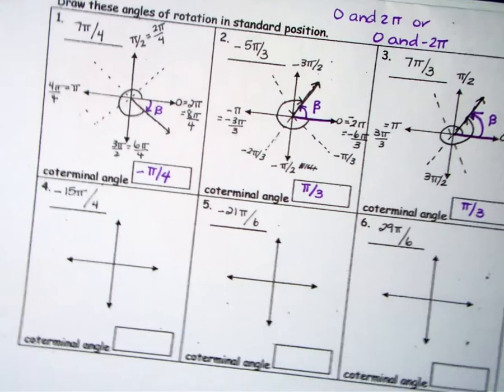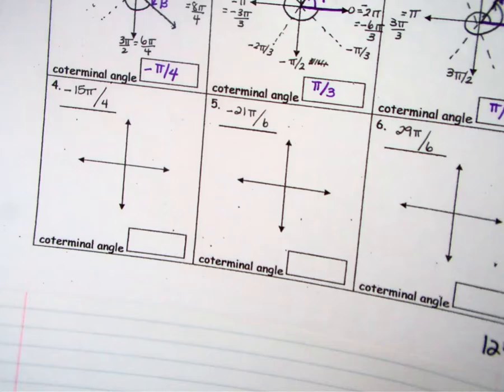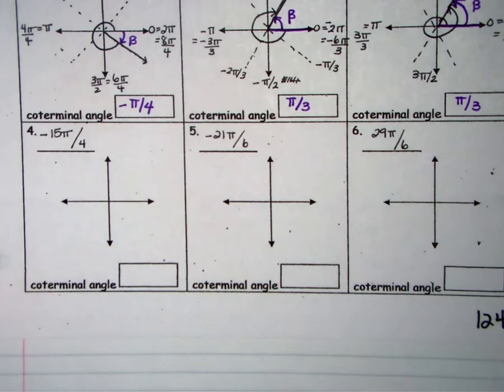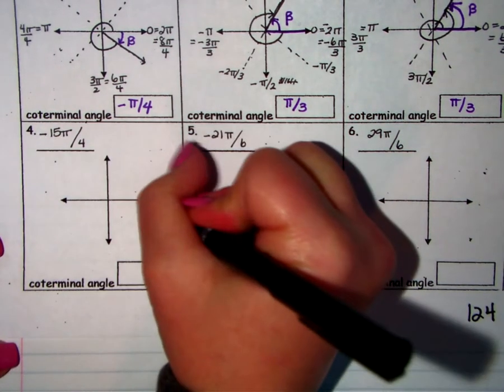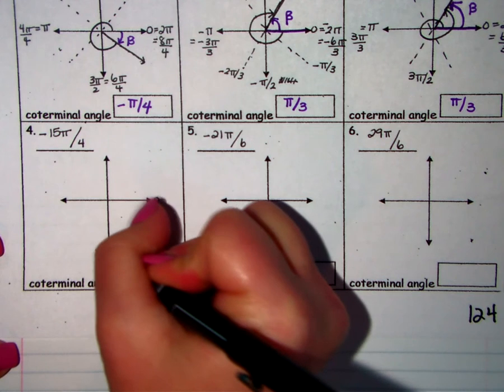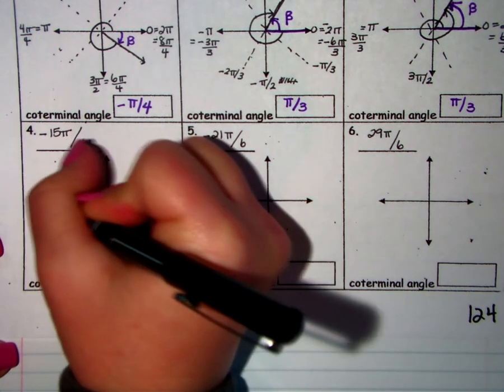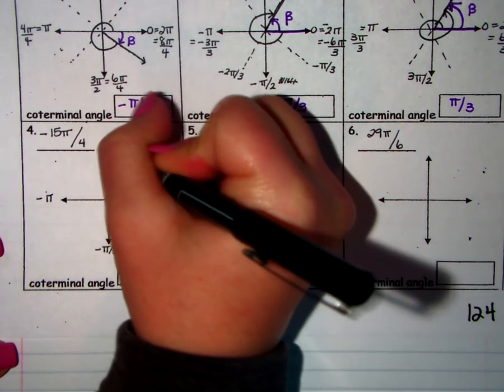So let's look at some that definitely have way more rotations than what we have, because a lot of times we want to be able to unwind. Again, this is going negative, so 0, negative pi over 2, negative pi. I'm going to label some of these.